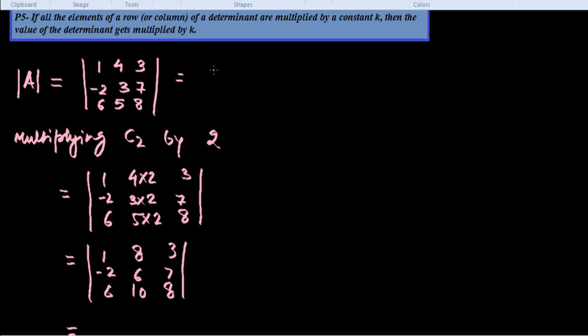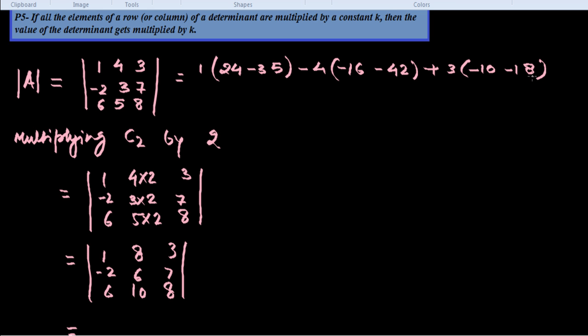We get 1 times (3 into 7, 21, plus 24, minus 35), minus 4 times (minus 16, minus 42), plus 3 times (minus 10, minus 63). Okay, so I get the expansion of this.